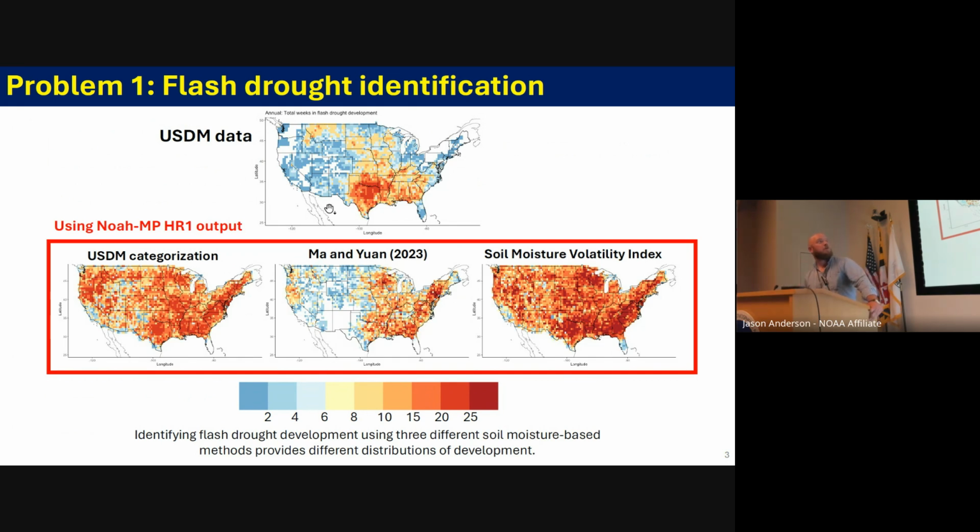So even though they look similar, it's maybe not apples and oranges, maybe more like apples and pears. But these two are completely different from the USDM method. So when you're trying to identify a flash drought, this shows that it's already a very difficult task to even just define what a flash drought is.